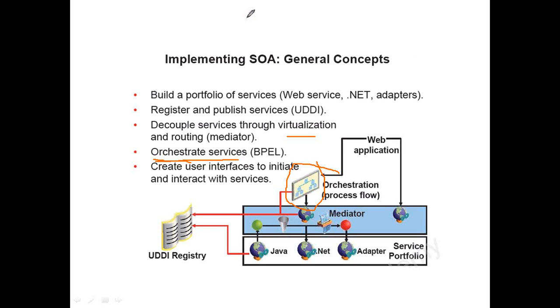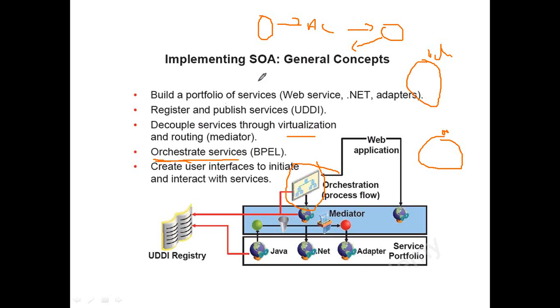Let's talk about a business process that we just decided. I go to a bank, I give my account number, it is checked or validated, and depending upon that, my account is debited or credited. So I know debit account is one service. Then there is the concept of validate credit card or account number. So here is my SOA or BPEL. The client sends the account information to the BPEL. BPEL calls the validate credit card service and gets the response back.